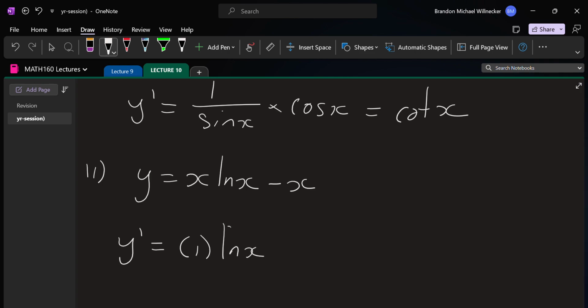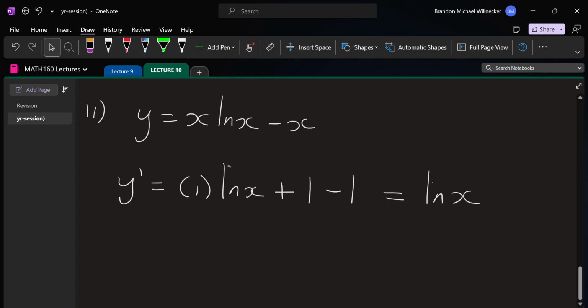So y prime, we differentiate the first term, that's 1, leave the second term alone, natural log of x, plus, leave the first term alone, times the derivative of the natural log of x, that's 1, and then minus x, so that will be minus 1. And so we just get the natural log of x.